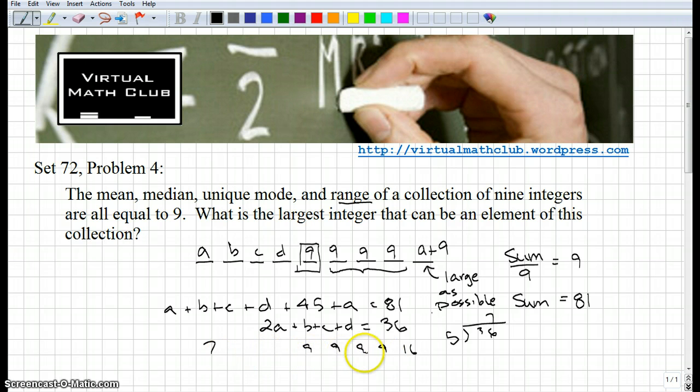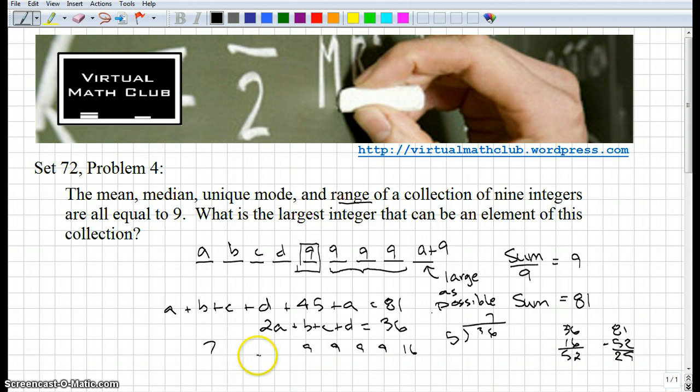And then we want the sum to be 81. Okay, so let's see, we've got 36 and 16. Oops, 36 and 16 is 52. So if I take that from 81, what do I get? I get 29.